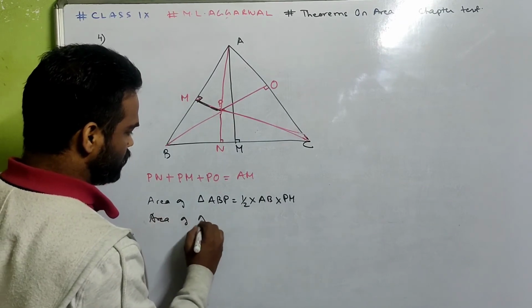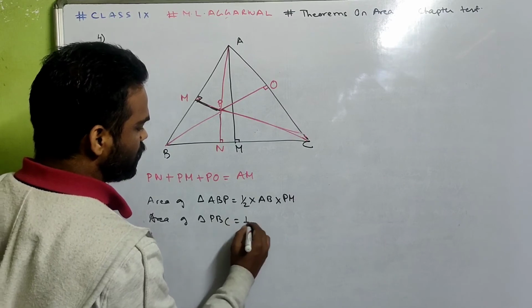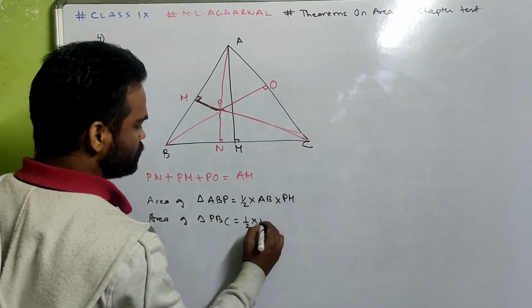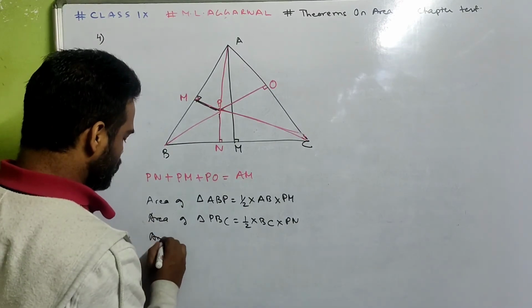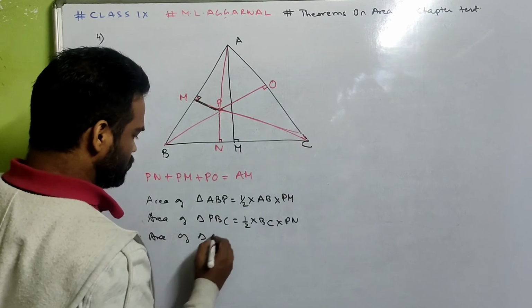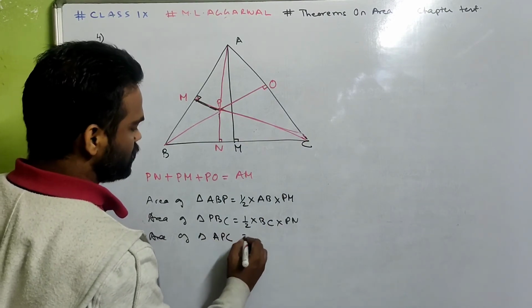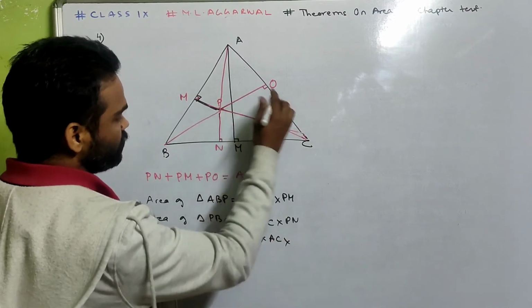Area of triangle PBC, say half into base, which is BC, and height, which is PN. Area of triangle APC, again half into base, which is AC, and height, which is PO.